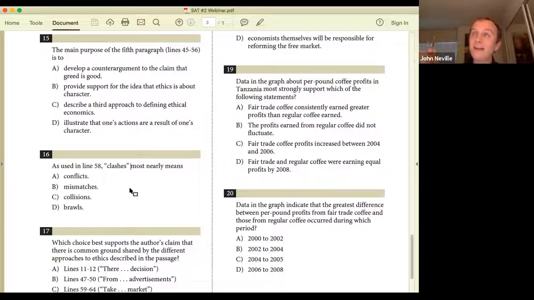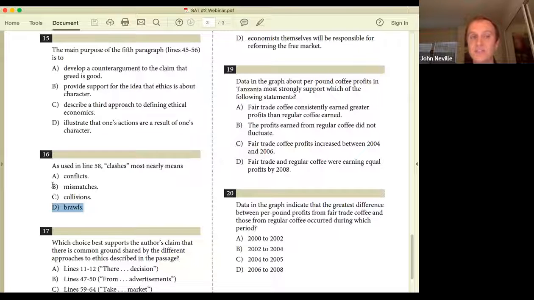For example, back to that lack example and want example, there is a words in context question on a historical SAT where they asked what "want" most nearly means, and one of the answers was desire, and desire was the wrong answer, and lack was the right answer.